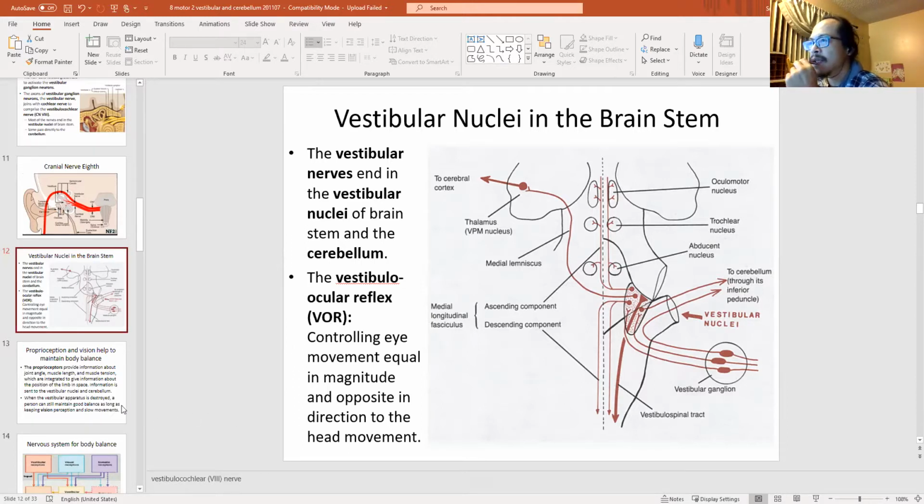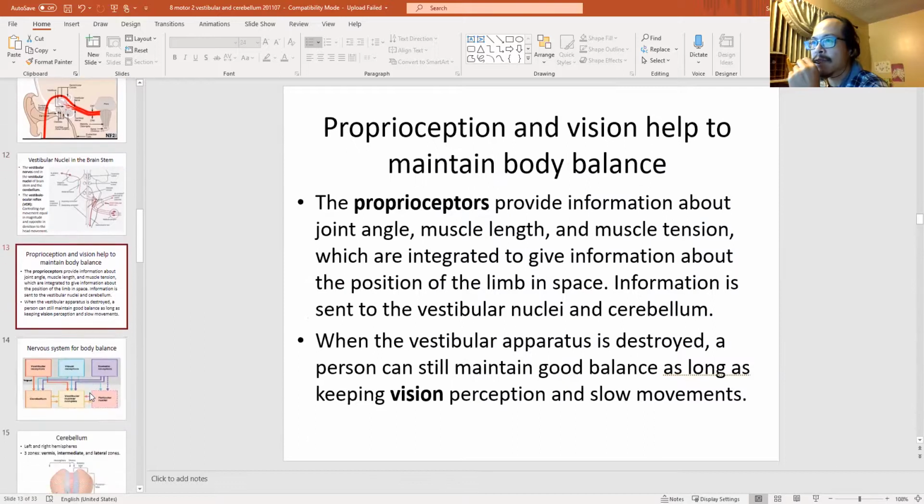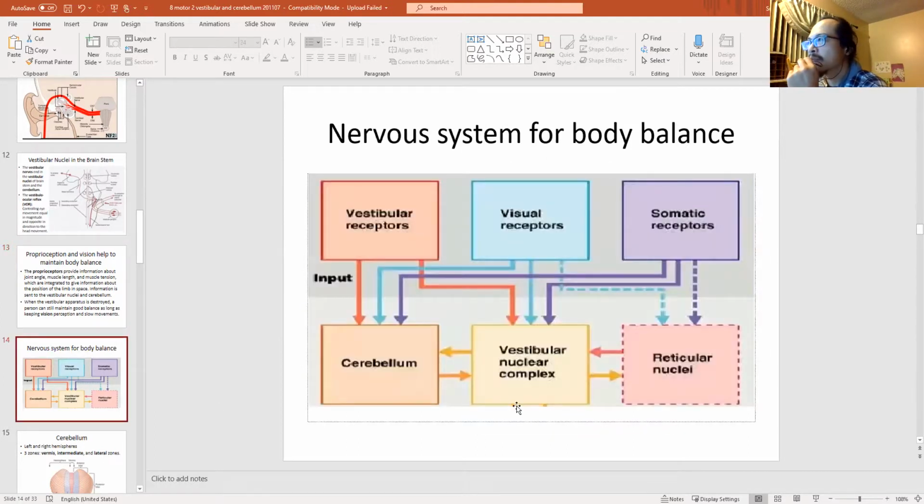In addition to that, I want to end this vestibular portion by talking about the concept of keeping our body balance. The major component is the vestibular nuclear complex, which communicates with the cerebellum. The input from the vestibular receptor right here is an important component.